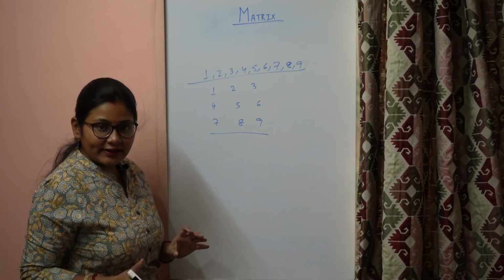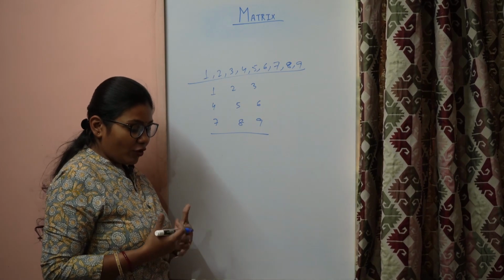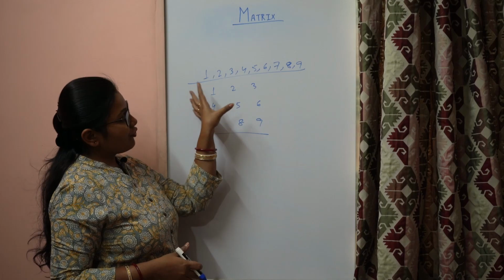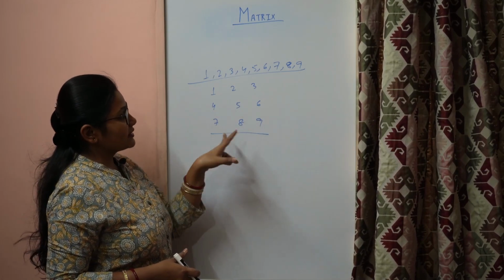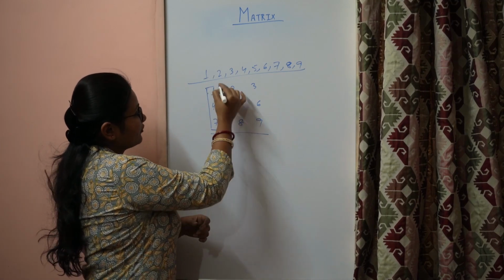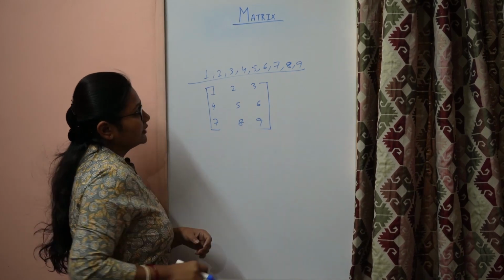So in mathematics, when numbers are arranged in a rectangular array in form of row and column, that is called a matrix. Suppose this formation is there, this is called the matrix and it will be denoted in this way.